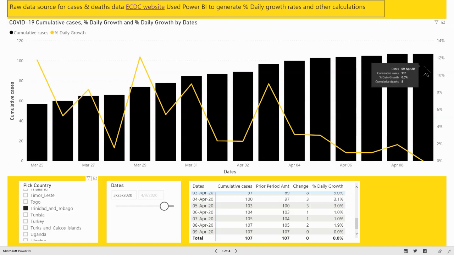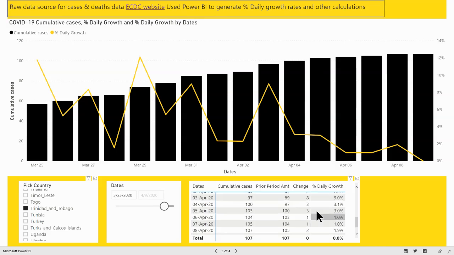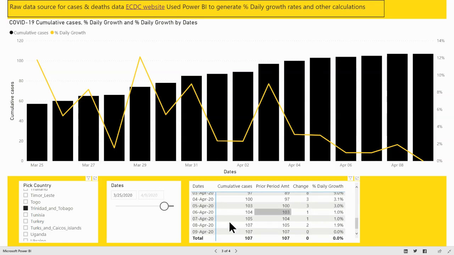So basically we are up to 107 cases here, with 8 deaths, and the growth rate is very low in terms of cases. The day before we had a 1.9% growth. We had no change maybe between here and here. So Trinidad is in a fairly good position if you look at the percentage changes.